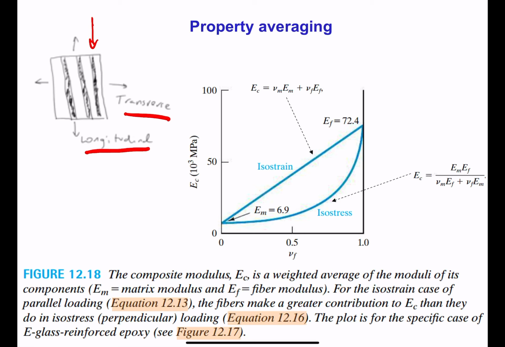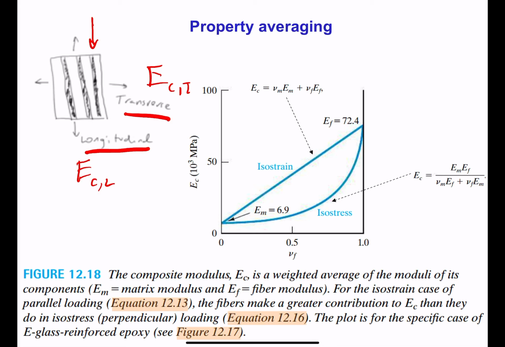So you can imagine we would have a longitudinal composite modulus, or a modulus for the composite that is transverse, comma T. And depending on how one loads or puts a stress onto the specimen, either in the longitudinal or the transverse direction, we may calculate the limits for the modulus differently.